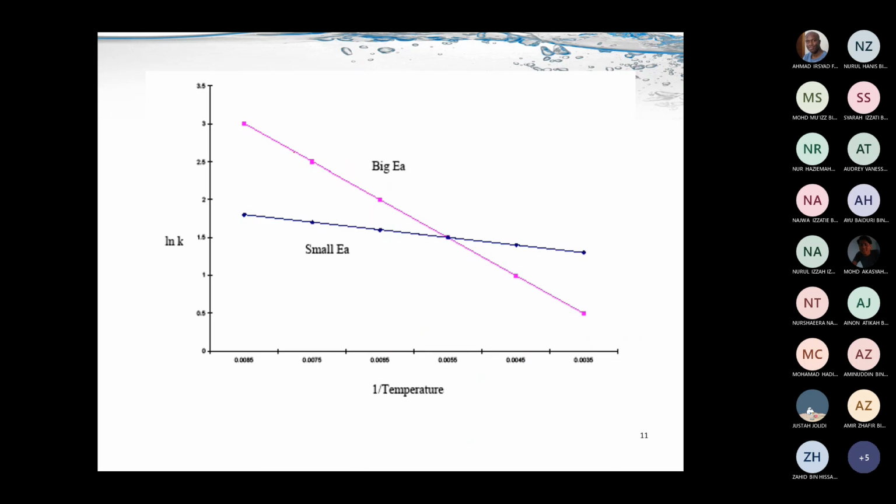Okay. So if you can see, there are two different lines here, defined with the purple and the bluish. If a steeper slope, it means it has a larger EA.